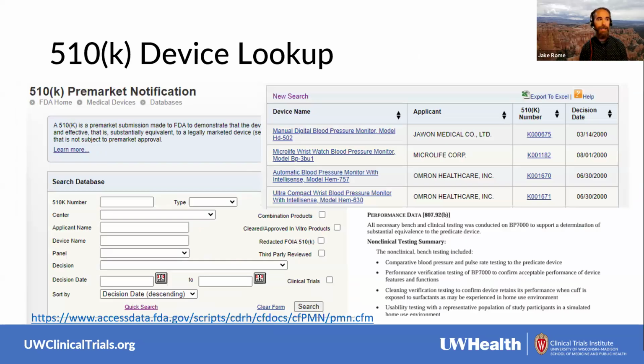If it's a more complicated device, the FDA has the 510(k) lookup. You can also look up PMAs, although PMAs would typically sort of lean towards needing an IDE, depending on how you're using the device. But this should be able to find both the indications of the device and likely the product labeling through this as well, so that you can make that determination.